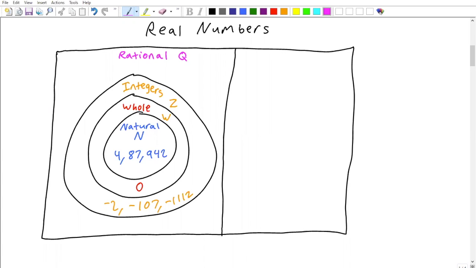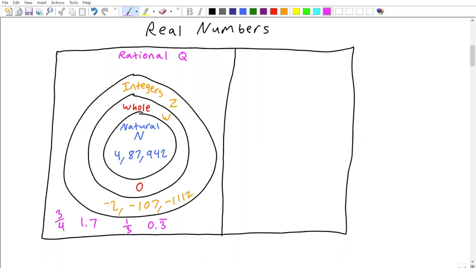Whether you're talking about actual fractions, like 3/4, or decimals, like 1.7, or repeating decimals, like 1/3 is equal to 0.3 repeating, that's a rational number.